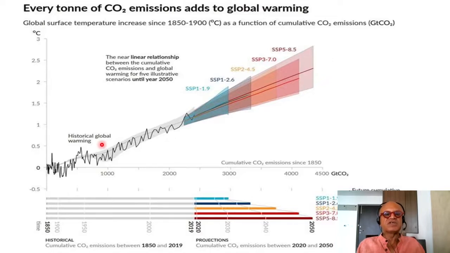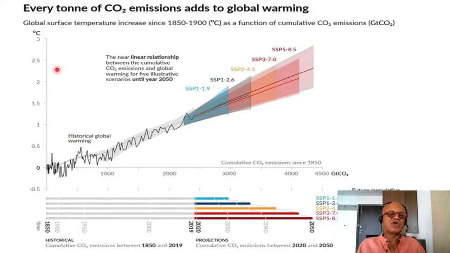What do we do with this? If we know how much CO2 we are emitting each year, and if we know that the warming is almost linearly proportional to additional carbon. Why additional? Because this is with respect to the base we started with at 1850. So the warming is with respect to the 1850 to 1900 average.